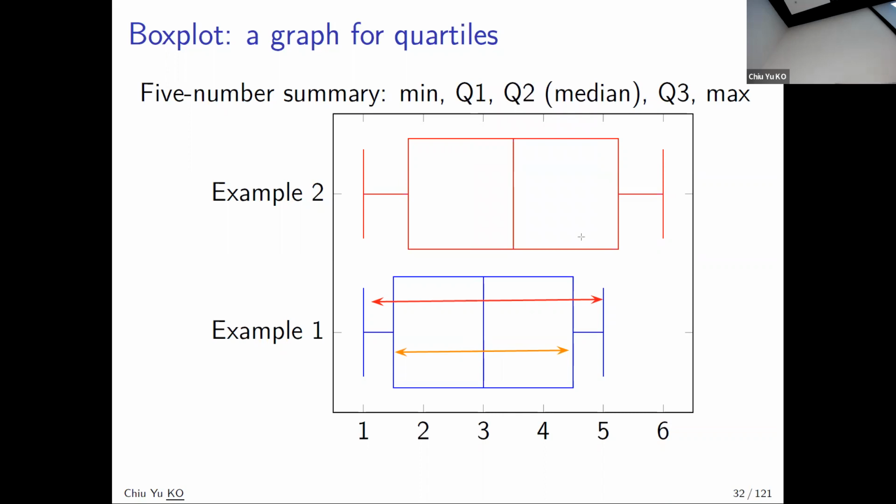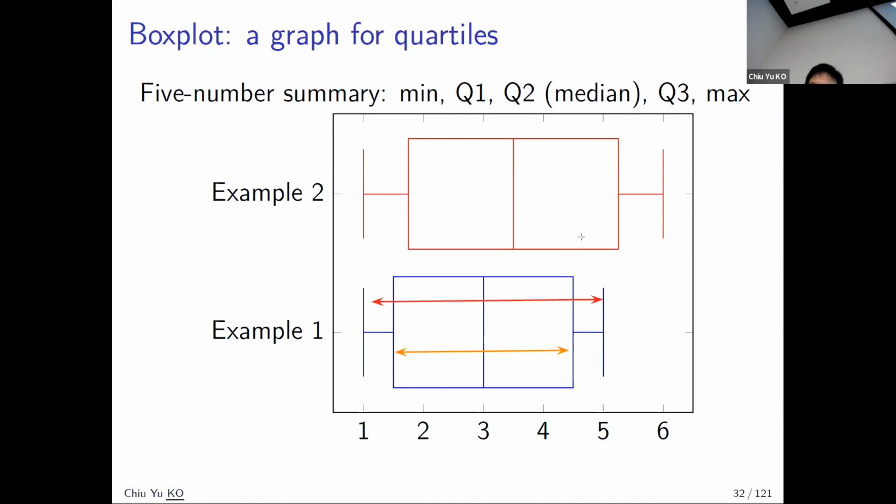You can draw the same for example 2. This box plot is very useful when you try to visualize the range, interquartile range, and median for any audience, because you can easily compare two different observations.